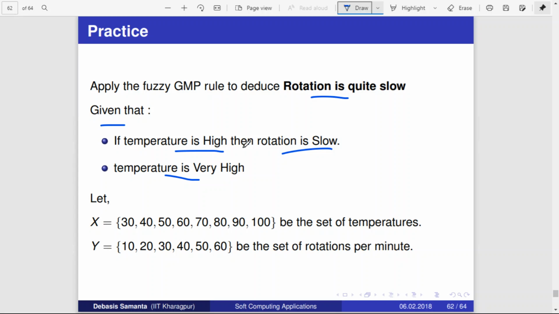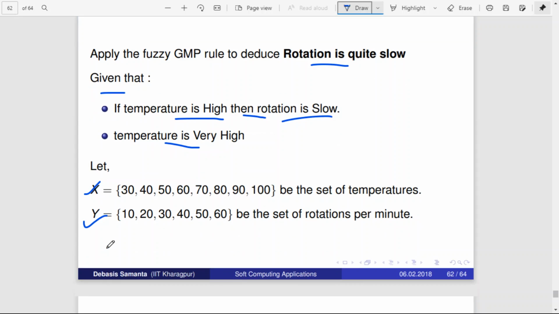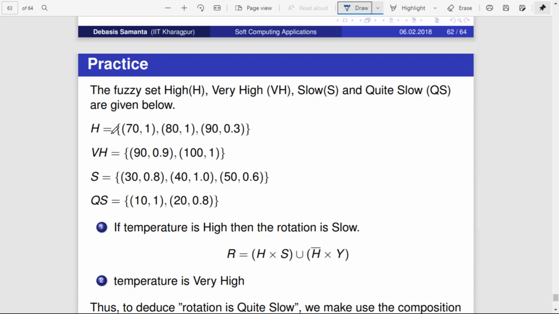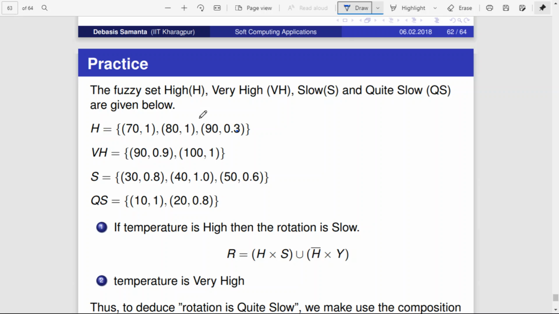If temperature is high, then rotation is slow. And if temperature is very high, x is represented like this: 30, 40, 50, 60, 70, 80, 90, 100, and y is represented like this. High and very high are given like this. Temperature 70 is high, it has a full degree. 80 is high.